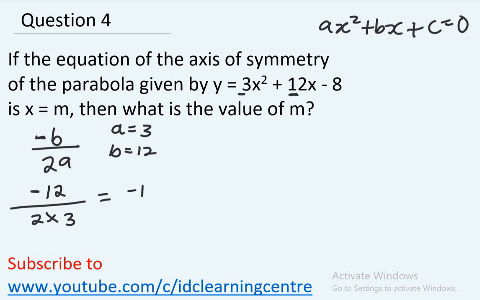So we have minus 12 out of 2 times 3, 6. Minus 12 divided by 6 will give me minus 2. So we have the value of x as minus 2. Remember, x is equal to m. So our answer is minus 2. The value of m is minus 2.